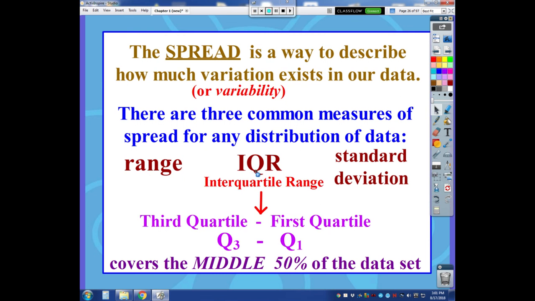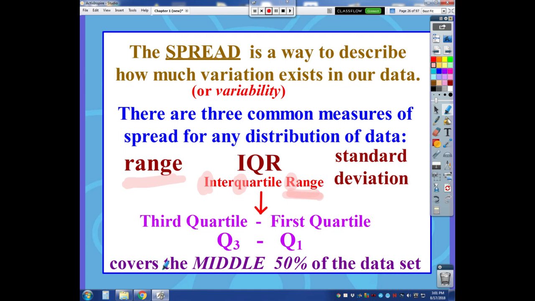The IQR stands for the interquartile range. So IQR. And the interquartile range is kind of similar to our range over here, except we're not going to go full on 100% of our data, max minus min. We're going to narrow it down a little bit.